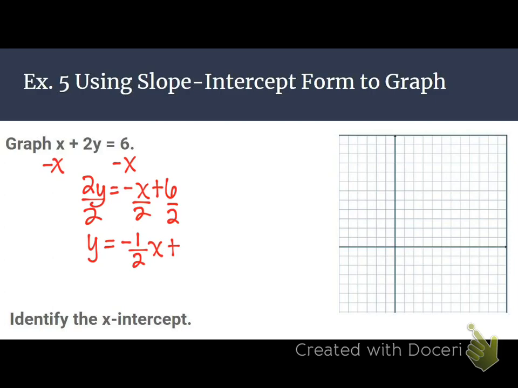What about 6 divided by 2? 3. Now we're in slope-intercept form, so I can identify my m and my b. What is my m? Negative 1/2, and my b is 3.